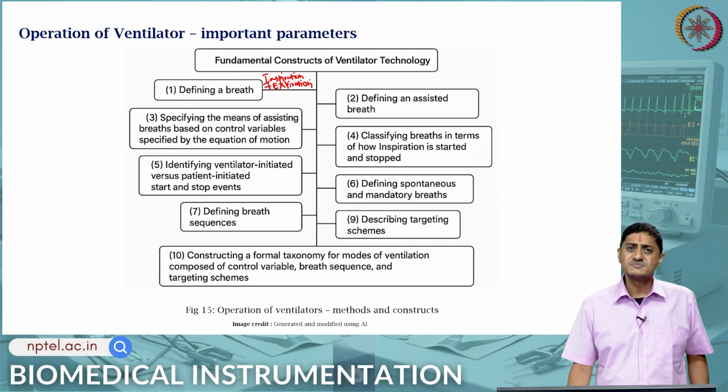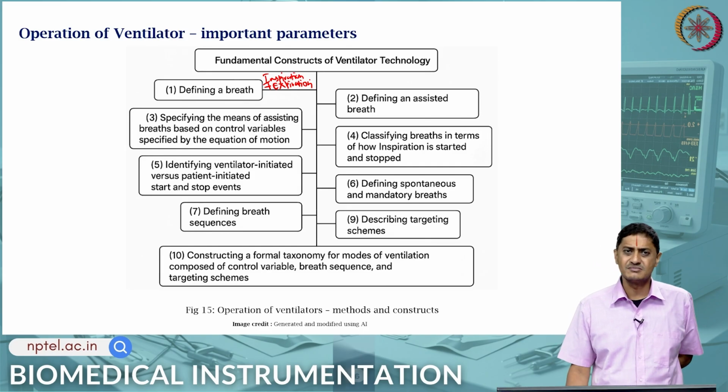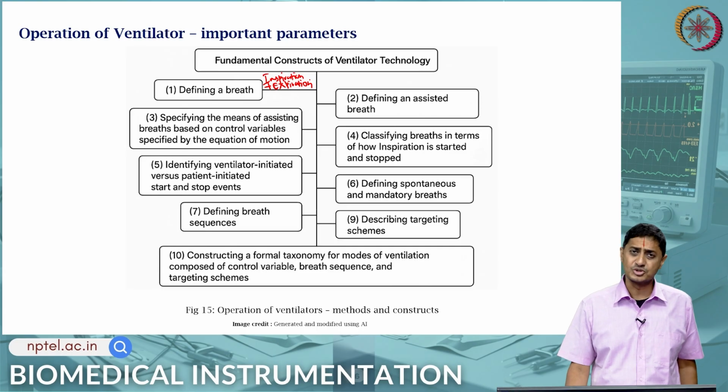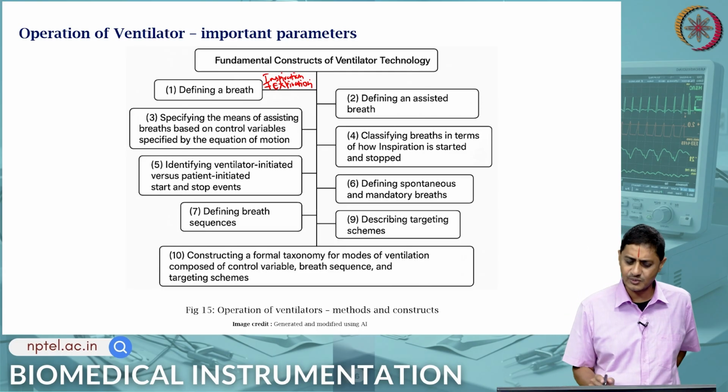Third is specifying the method or the means of assisting the breaths based on the control variables specified by the equation of motion. What is this equation? What is the governing equation?